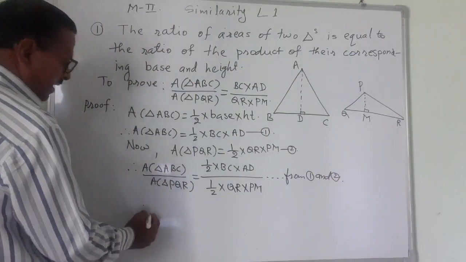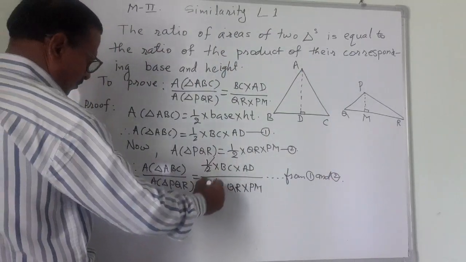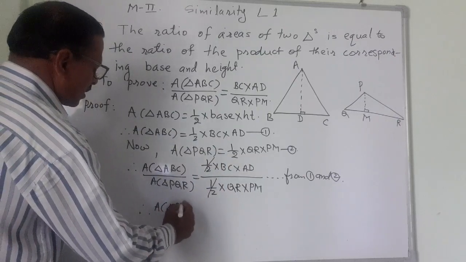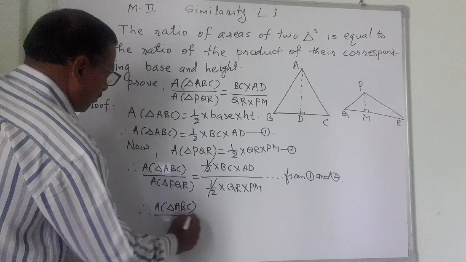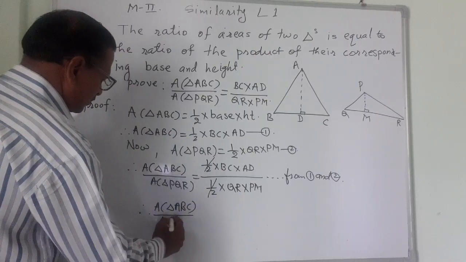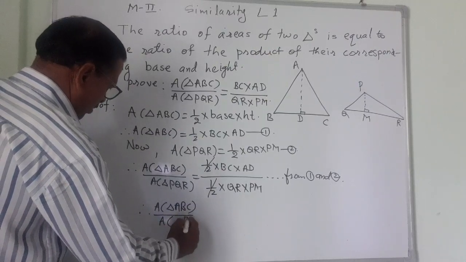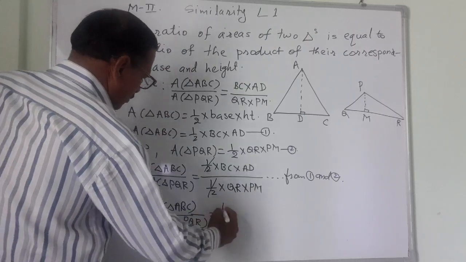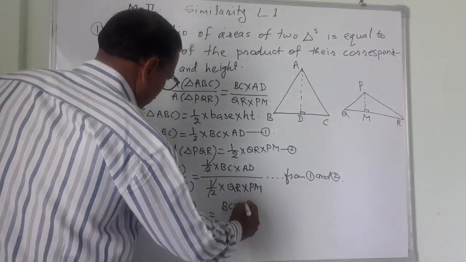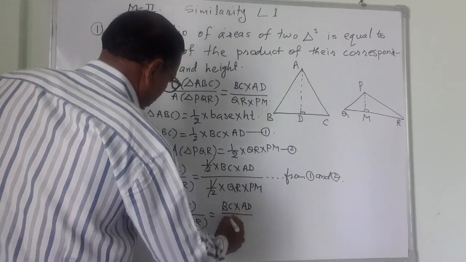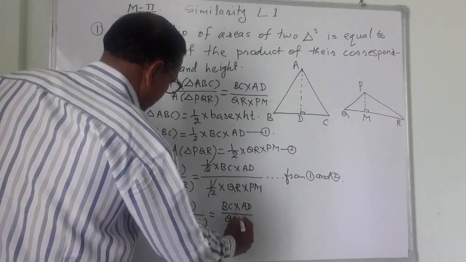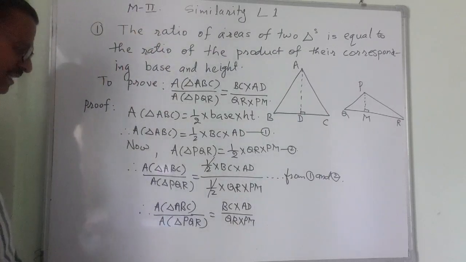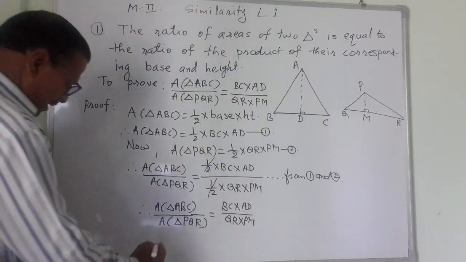This half will get cancelled. Therefore, area of triangle ABC upon area of triangle PQR is equal to BC into AD upon QR into PM. So in short, hence proved.